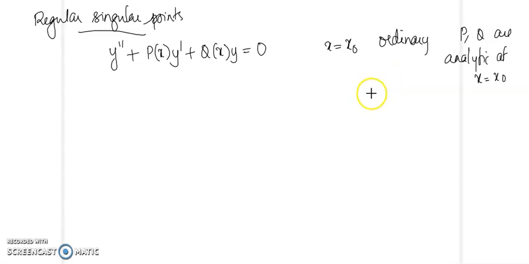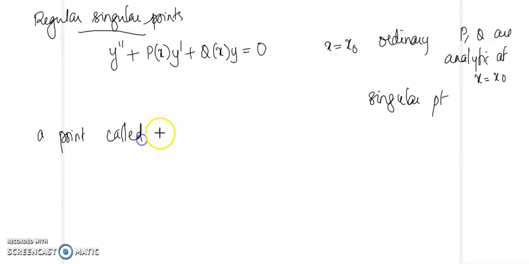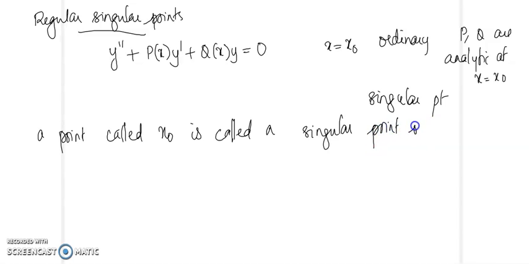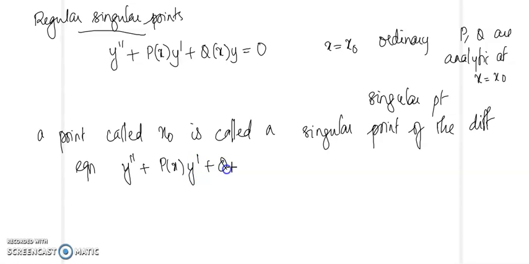Now, if they fail to be analytic at x equal to x naught, we call x naught a singular point of the differential equation. So we have the above differential equation y double dash plus p of x y dash plus q of x y equal to 0.